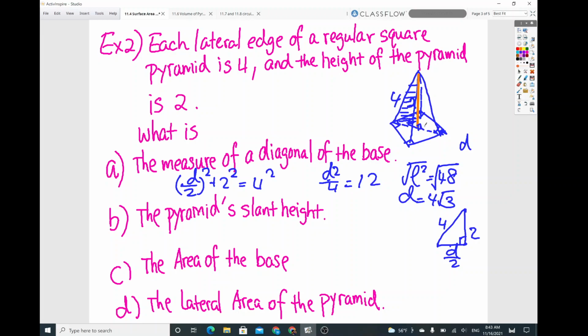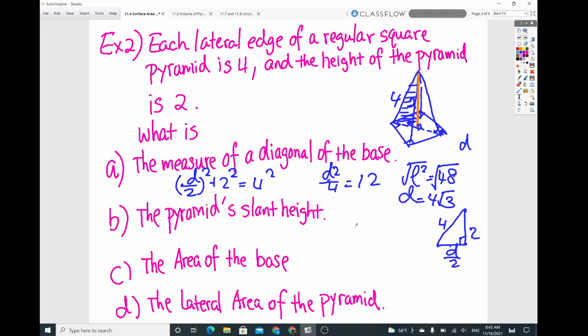And now, what else do we need to find out? The pyramid slant height. So we're using the right triangle. Before we figure out the slant height, it looks like we can figure out the base, the side length of the square.